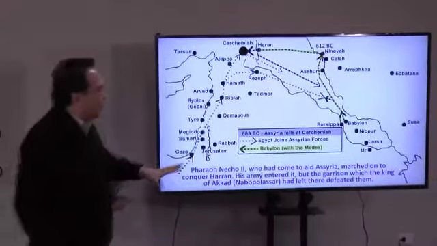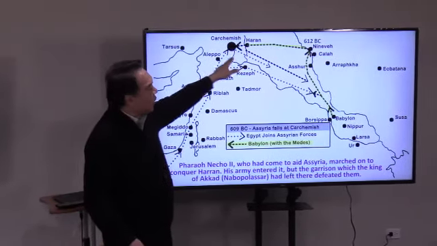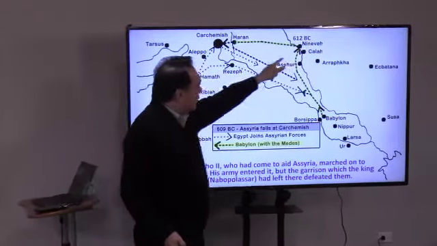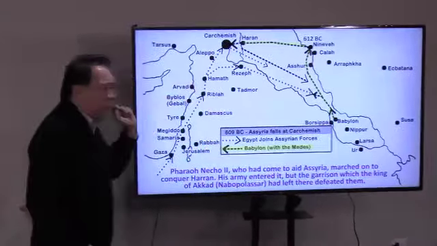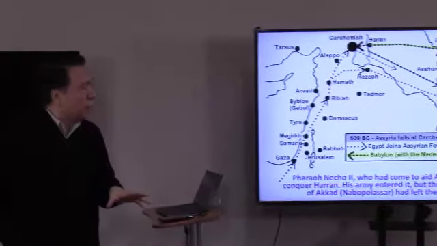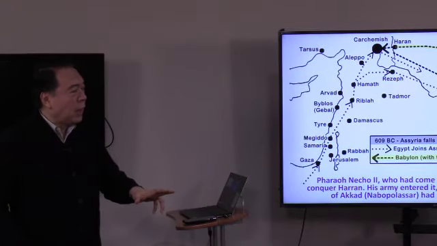Basically, what happened was the Temple of Sin was destroyed because of the invasion of the Assyrians and the Medes in Haran. After they defeated Nineveh, they went to Haran. And with that invasion, the Temple of Sin, or the moon god, was destroyed. But the priestess of the temple was Adagope.